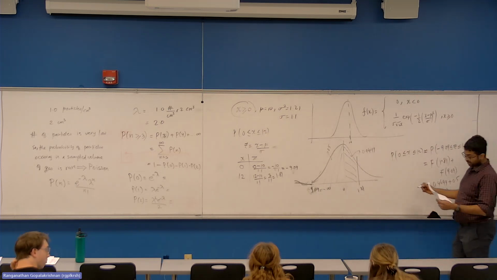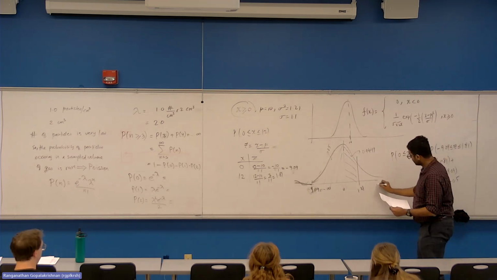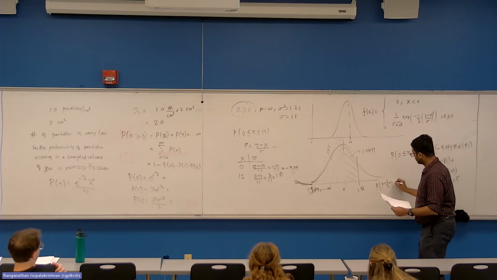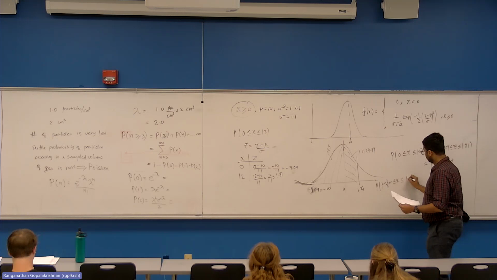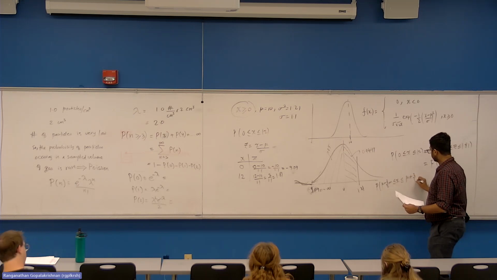The other part is real simple. The other part is basically probability of mu minus 3 halves sigma less than x less than mu plus 3 halves sigma.